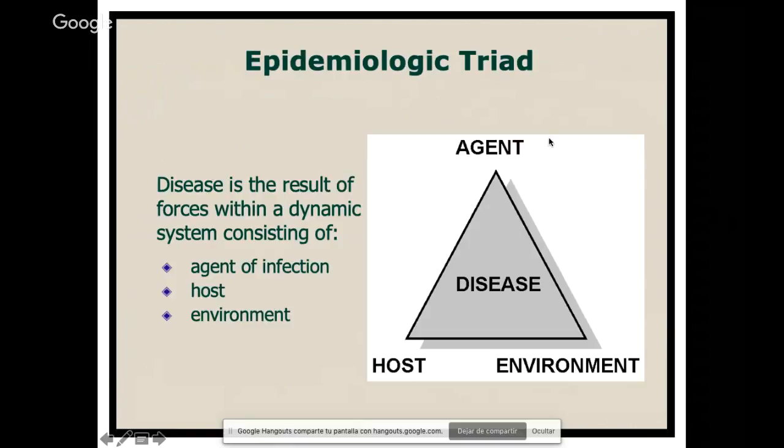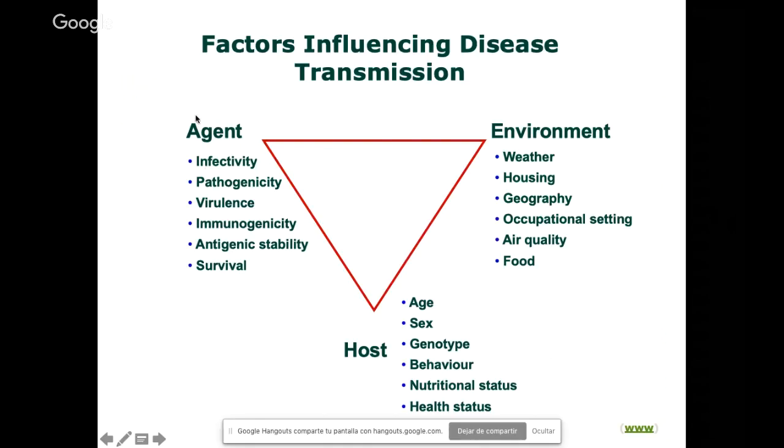You may remember this epidemiologic triad that told us that we need an agent of infection, a host, and an environment. In the agent, these must have some characteristics. First, the infectivity, the pathogenicity, the virulence, the immunogenicity, the antigenic stability, and it must survive.